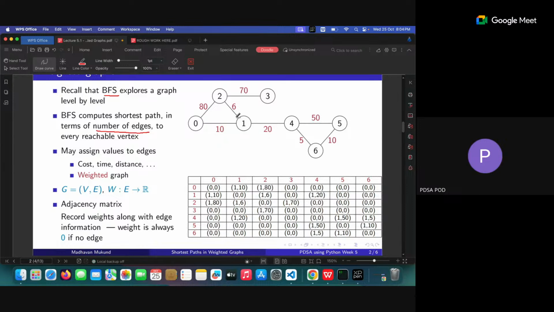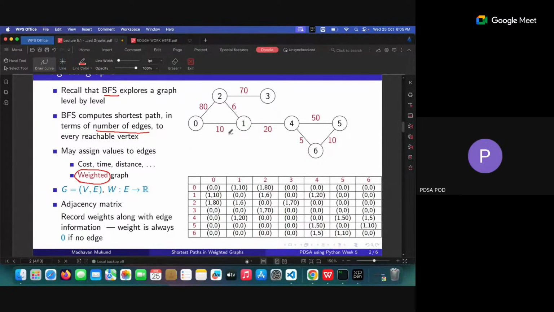From week number 5, one more property is added to graphs, which is called weight. Some number is added exclusively for the edges. So for the edge 0 to 2 we have 80, 1 to 2 we have 6, 0 to 1 we have 10, something like that.